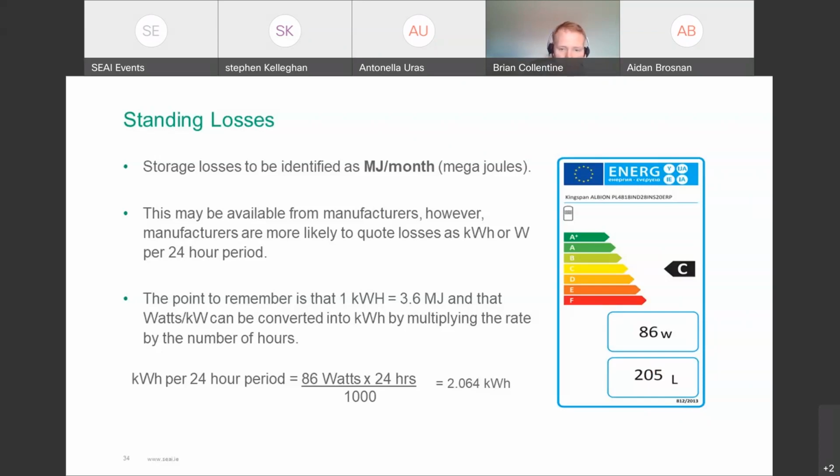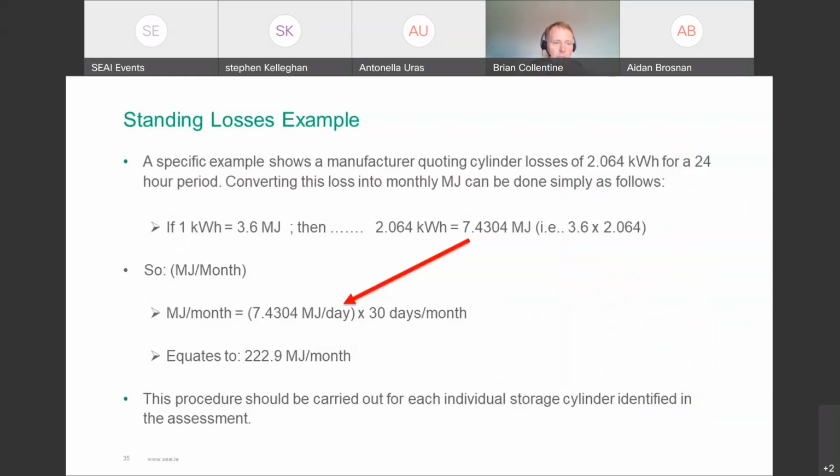So here we have 86 watts identified. We multiply that by 24 hours and divide that by 1,000 just to bring it back into kilowatt hours. Here's a specific example which shows a manufacturer quoting the cylinder losses at 2.064 kilowatt hours for a 24-hour period. That's just the 86 watts referenced on the other side.